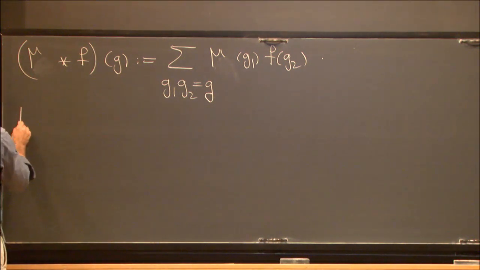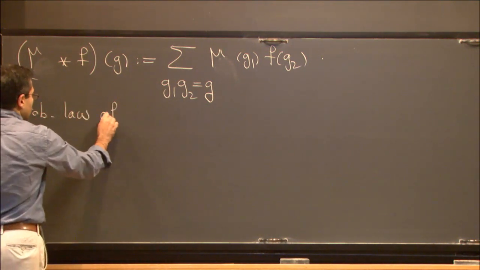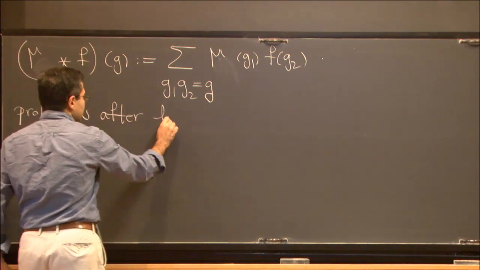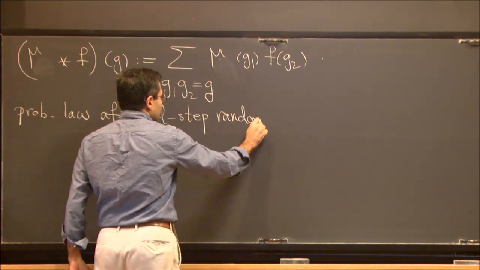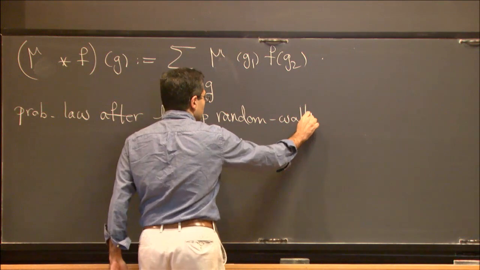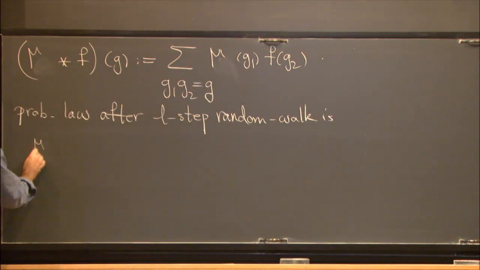So the probability law after an L-step random walk is the L-fold convolution of this measure by itself.